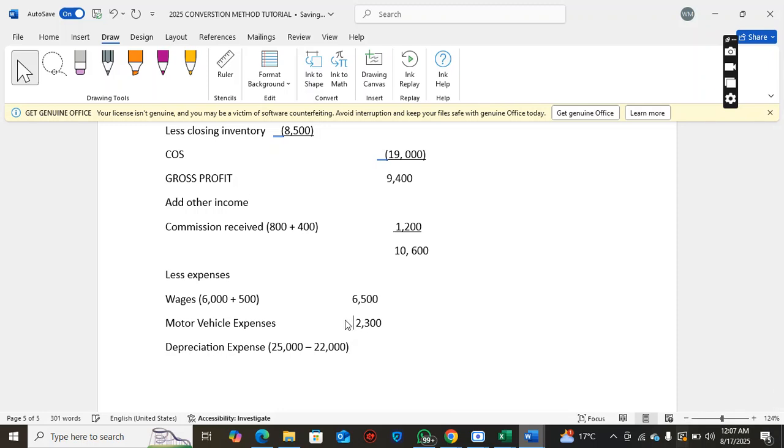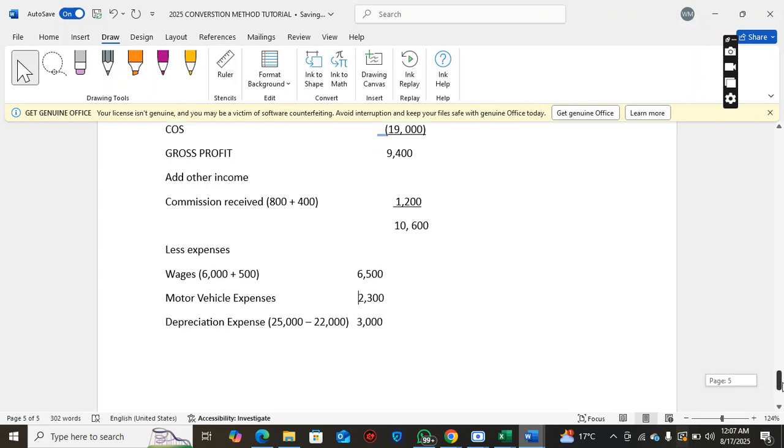I just ask myself this question: the person doesn't know accounts, but how are they getting a value for their assets at the end of the year? How are they determining?